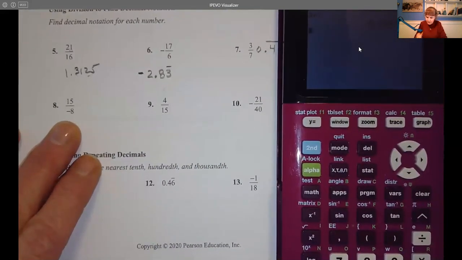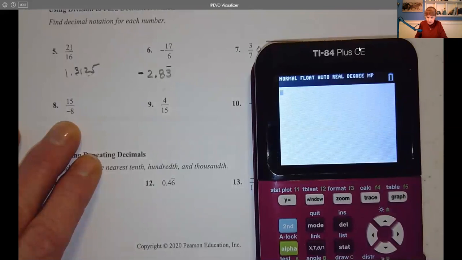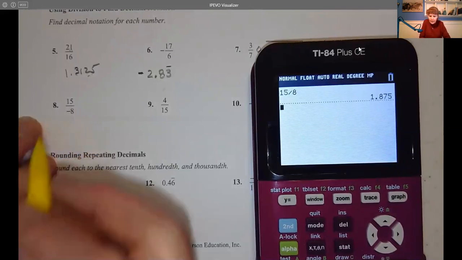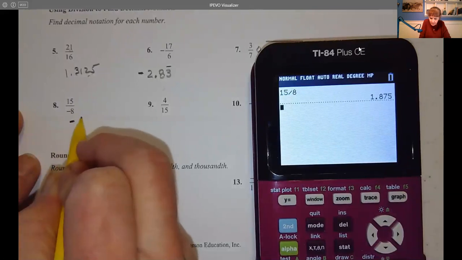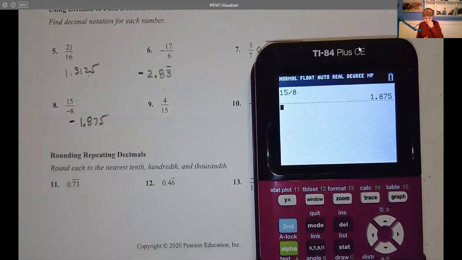This will probably be the last one we do, because they're not too bad when you can use a calculator. So 15 divided by 8, is it repeating? No, it's terminating, but it is negative 1.875. All right. Let's see, 4 divided by 15. No, this one repeats. Notice what it did at the end.